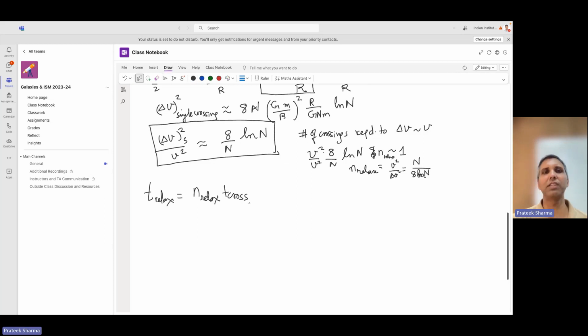T cross is the crossing time across this system, which is R by V. That's the time required for it to cover a substantial part of the stellar system. So in other words, T relax by T cross is equal to n by 8 log n.